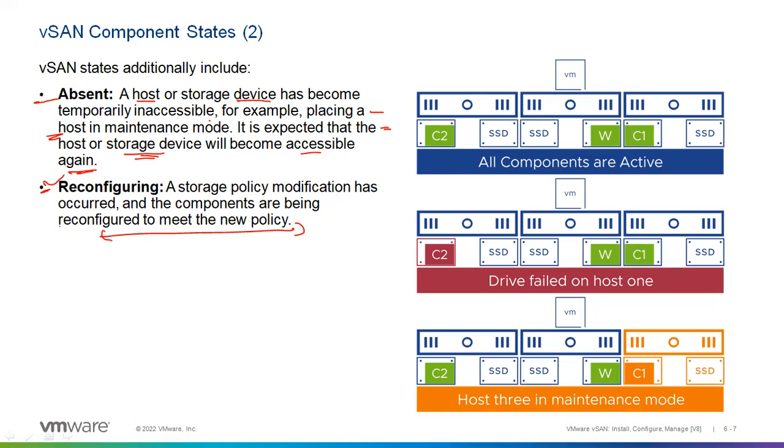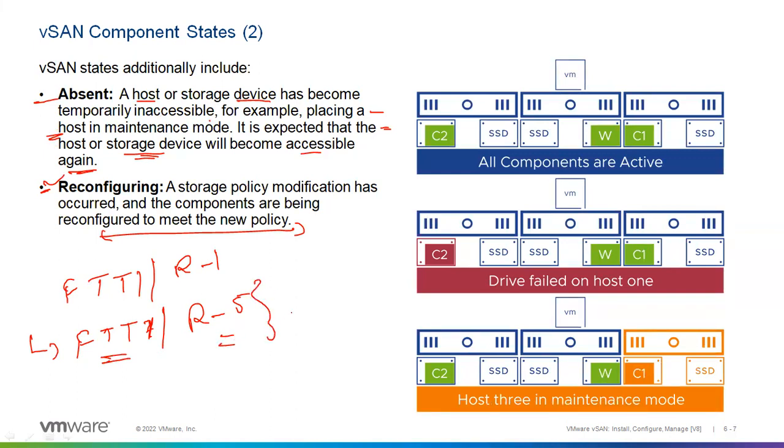So when we say reconfigure state, for an example, the component is written in a policy FTT1 RAID 1. But we have changed the policy to FTT1 RAID 5. It means that at that point of time, my component will be reconfigured again.